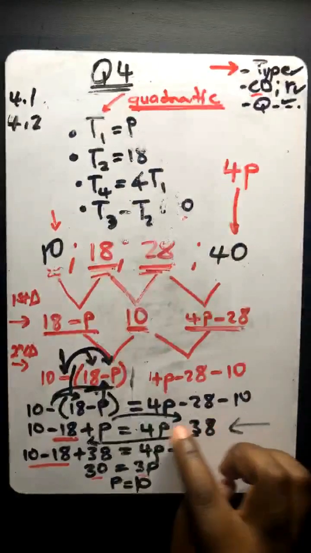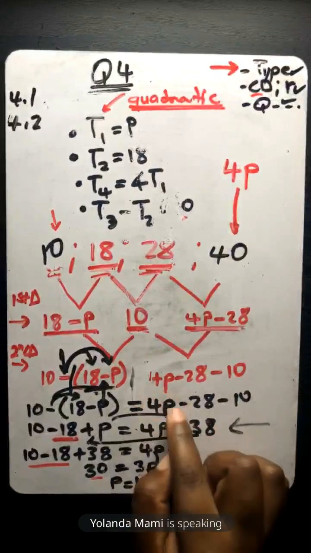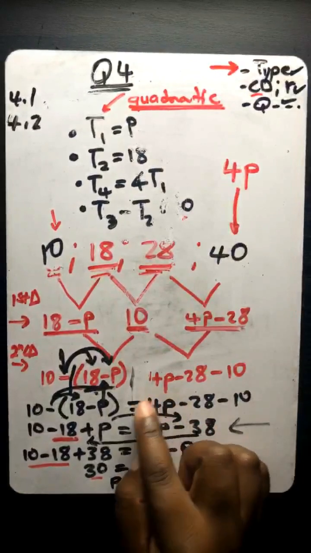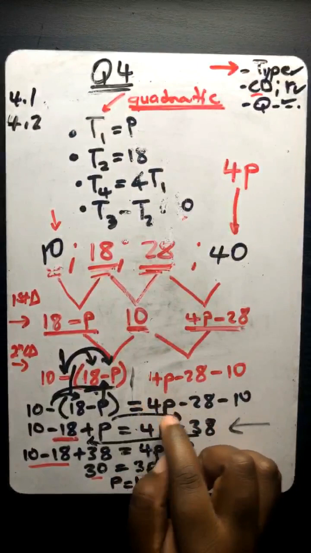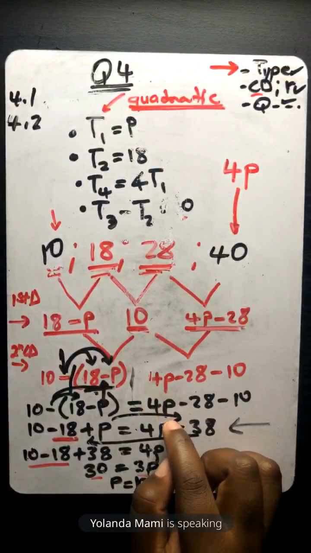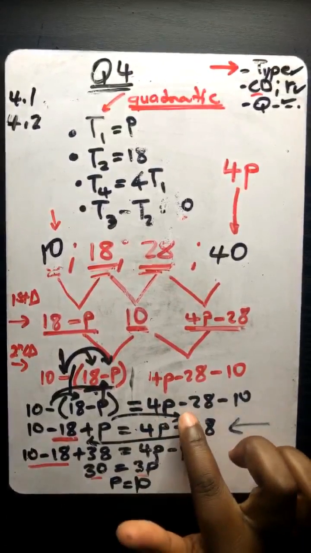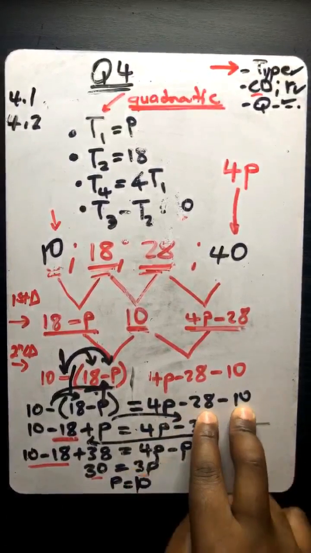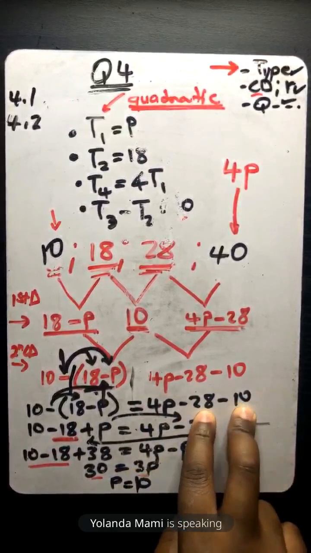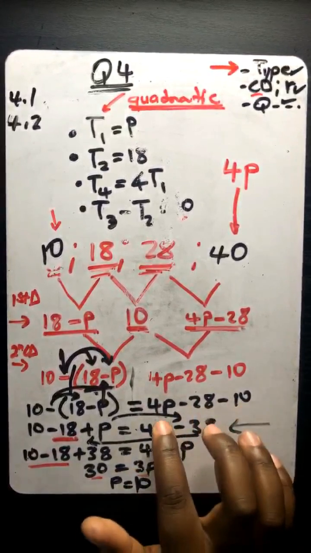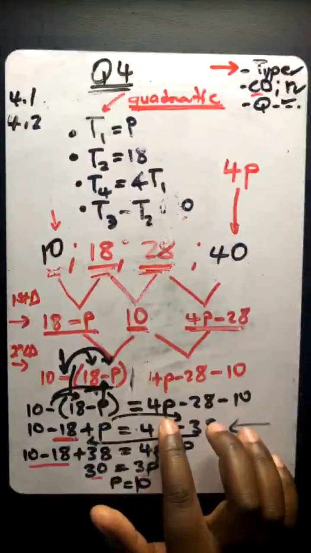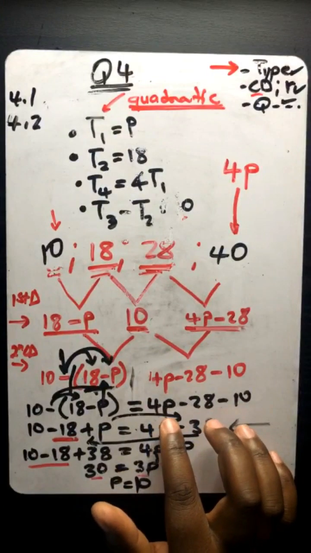No, this one is 4p, it's not a number. On your calculator, you don't have p. So you only punch negative 28 minus 10, because that's a number that is punchable on a calculator. But any number that is attached to a letter, you can't punch it on a calculator.